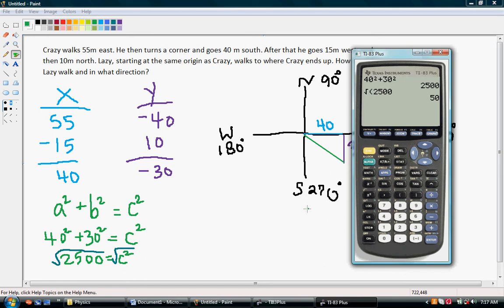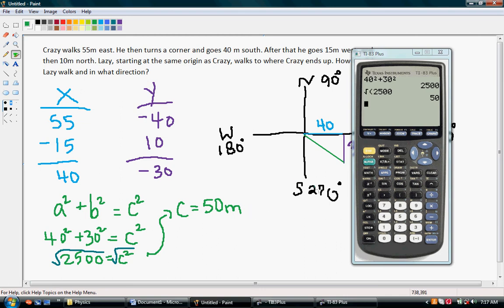How about that? So c equals 50 meters. Wow, Crazy went the total of all of these, 55 plus 40 plus 15 plus 10, Lazy only went 50.